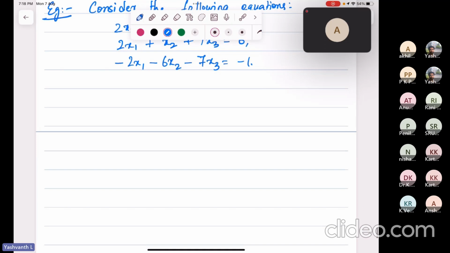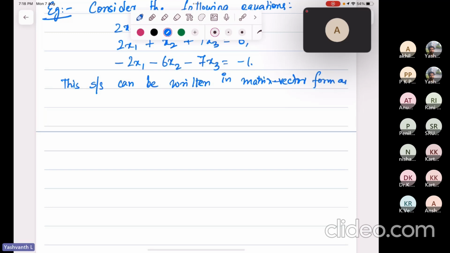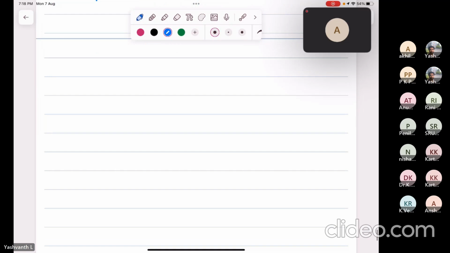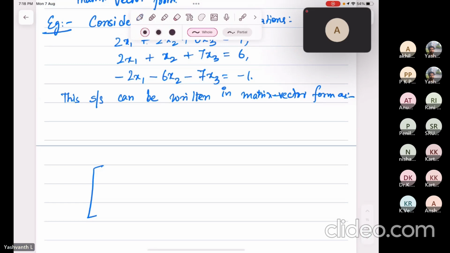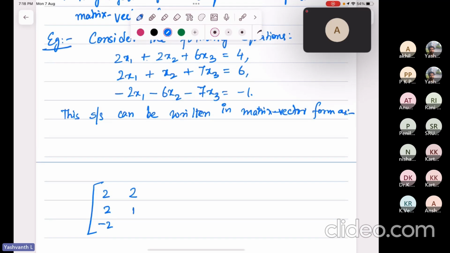Then this system can be written in matrix vector form as, let me show both together: the rows 2, 2, 6; 2, 1, 7; minus 2, minus 6, minus 7, equal to 4, 6, minus 1.